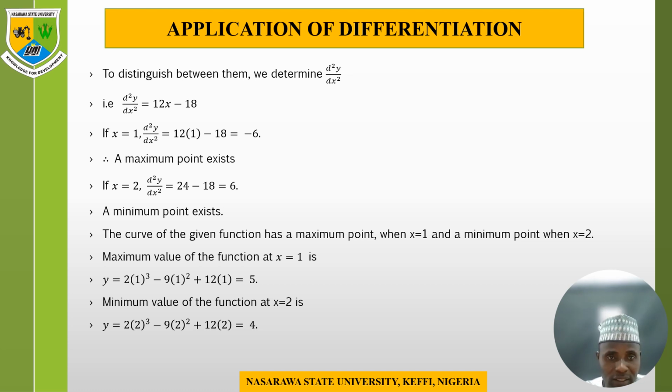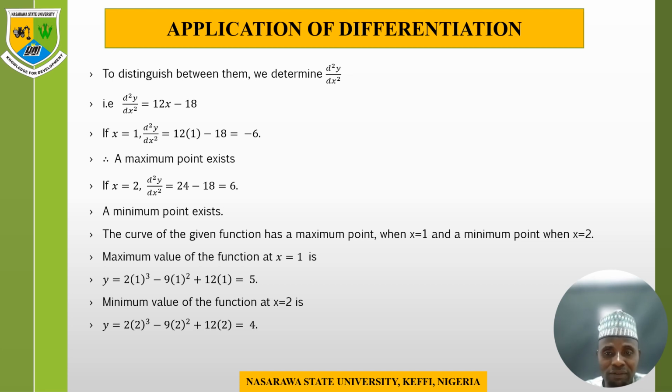As you can see, if x is equal to 2 is substituted in, our result is what? Positive 6. So at this point, a minimum point exists. So the curve of the given function has a maximum when x is 1, and it is a minimum when x is equal to 2.